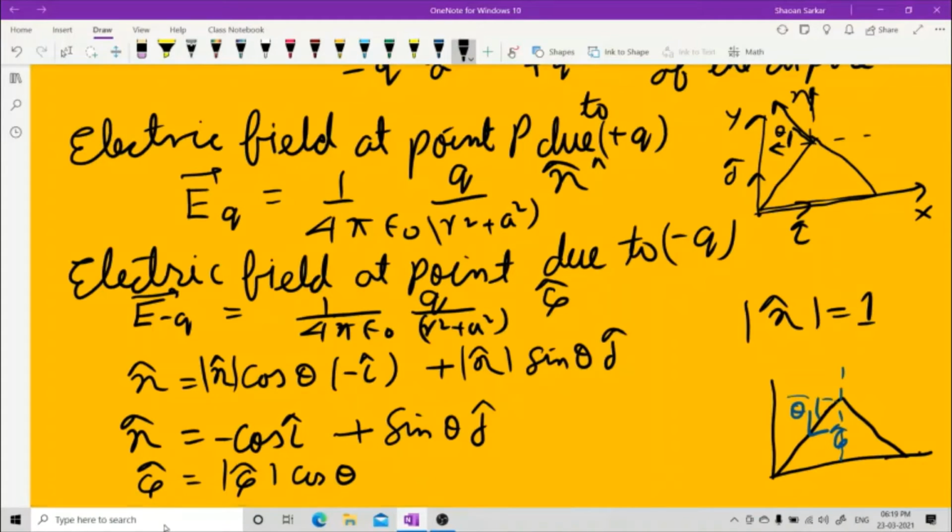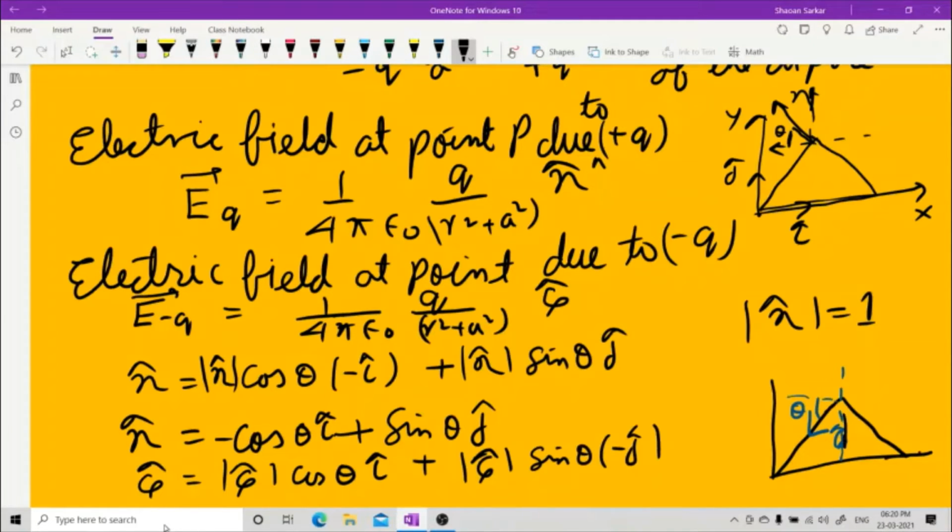Oh, wait a minute. I made a mistake here unknowingly. This is cos theta i cap, and then minus sine theta j cap.